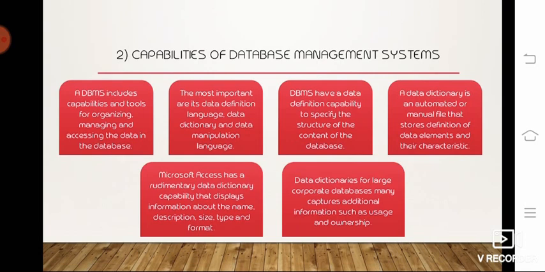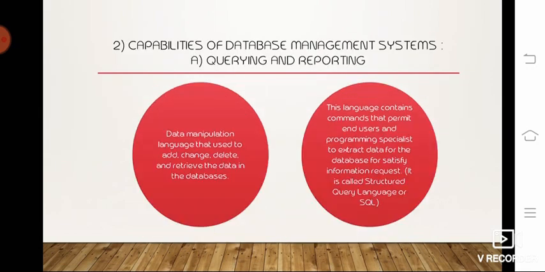A data dictionary is an automated or manual file that stores definitions of data elements and their characteristics. Microsoft Access has a rudimentary data dictionary capability that displays information about the name, description, size, type, and format. Data dictionaries for large corporate databases may capture additional information such as usage and ownership.